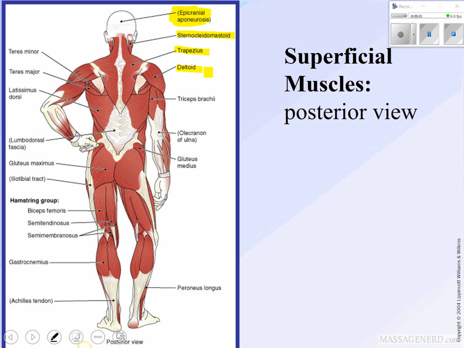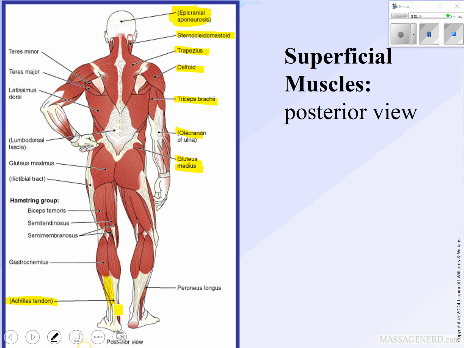Sternocleidomastoid, trapezius, deltoid, triceps brachii, olecranon of the ulna, just showing you your elbow. Gluteus medius. Make sure you know the Achilles tendon. That is the tendon here that attaches your gastrocnemius muscle to the calcaneal bone. This is a picture from a different source. Your new lecture book calls the Achilles tendon the calcaneus tendon.